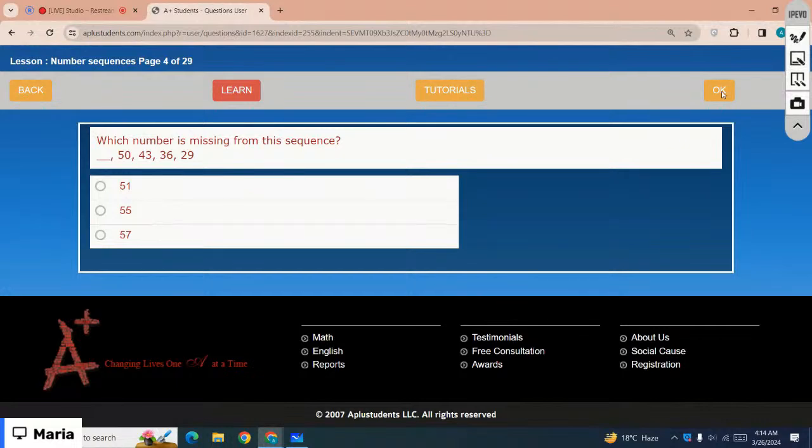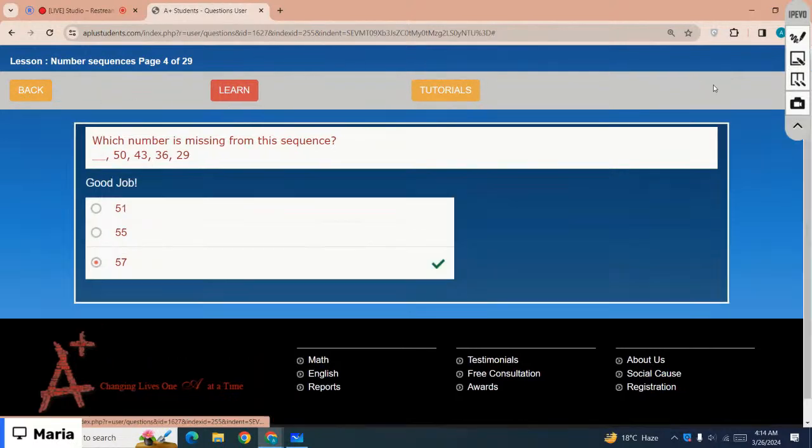The pattern is decreasing by 7, right? So for the missing one, you have to add 7. So 50 plus 7 is 57. The missing number is 57, right?